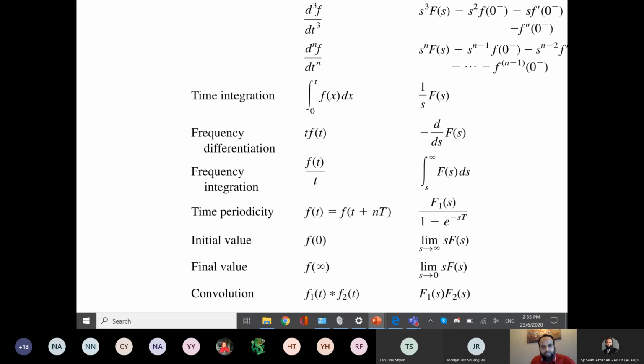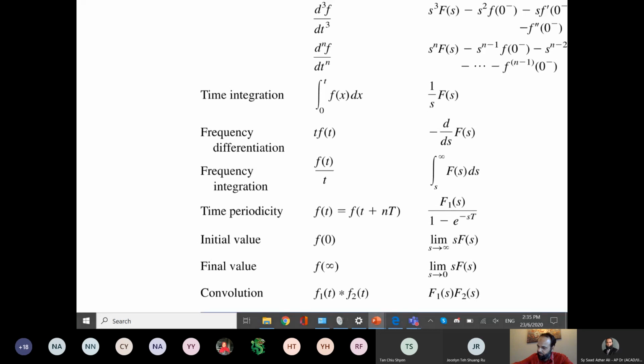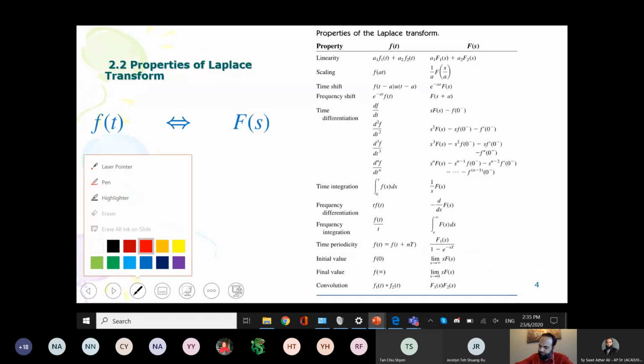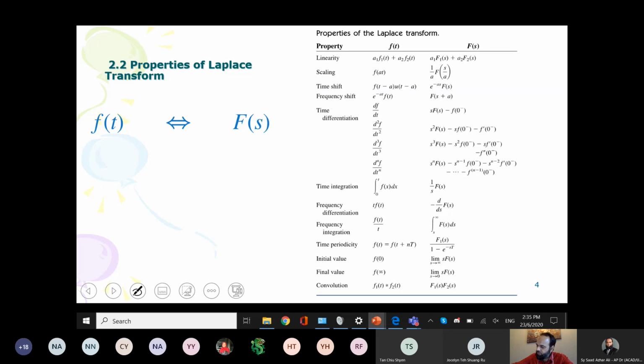So it will be 10 divided by 1 minus e to the minus 4s.